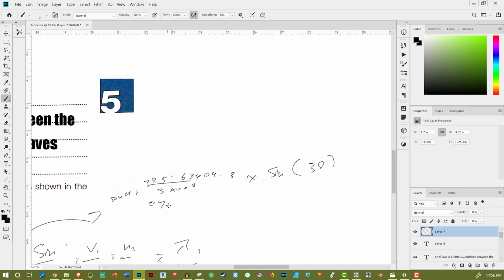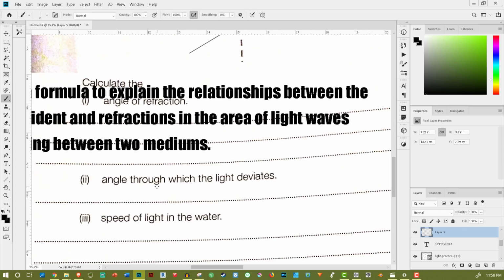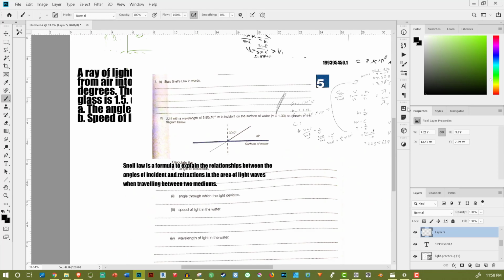Approximately 0.7521 times by sin of 30, which is 0.5. So we essentially have 0.75 times by 0.5, and that has 3.7607 degrees. And this will be quite simple, really.